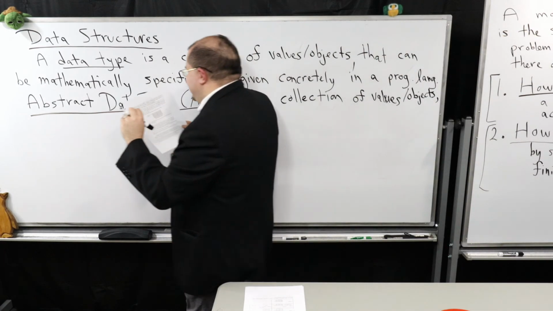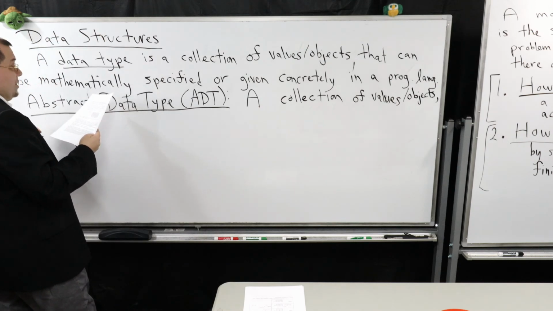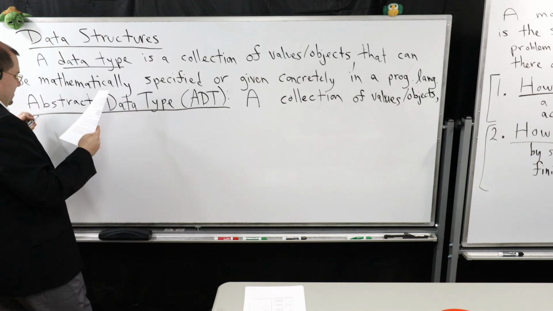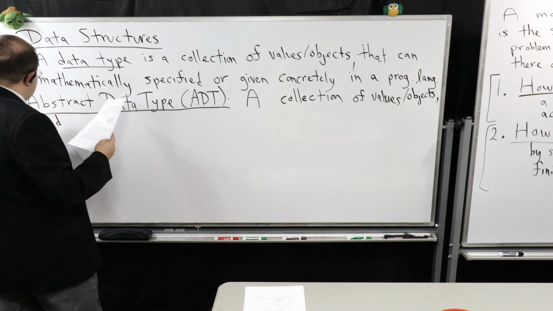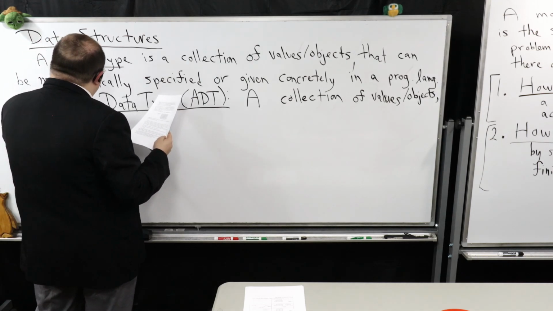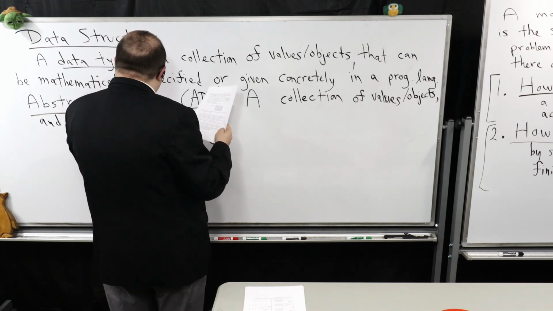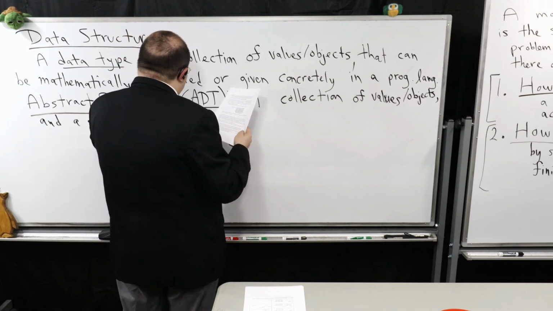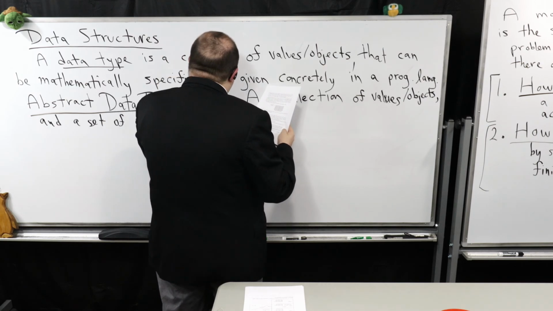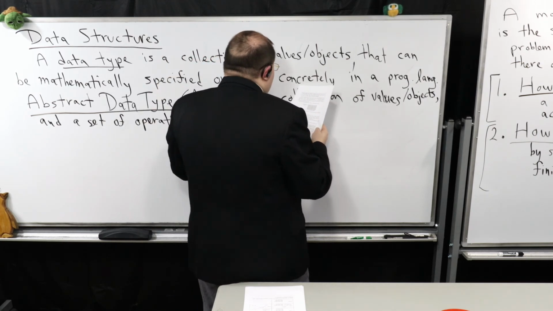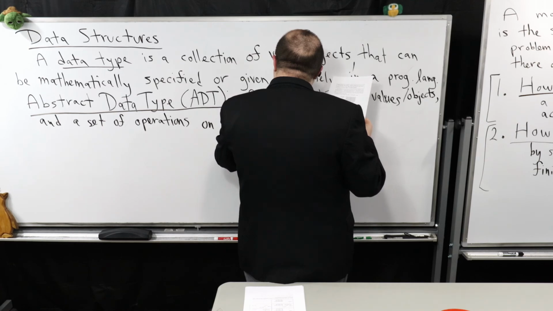Now this is the part that's going to be a little bit weird. Actually, no, this part isn't. What's coming up after this is. And a set of operations on those values or objects.